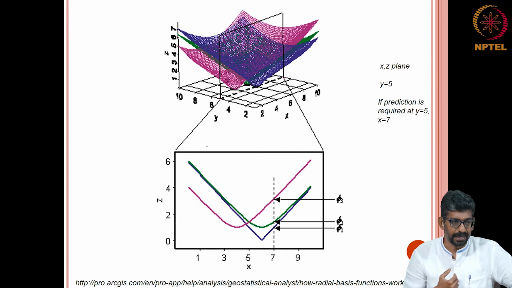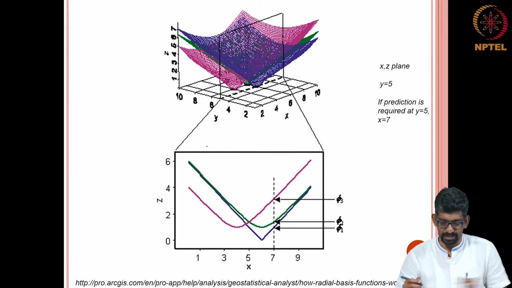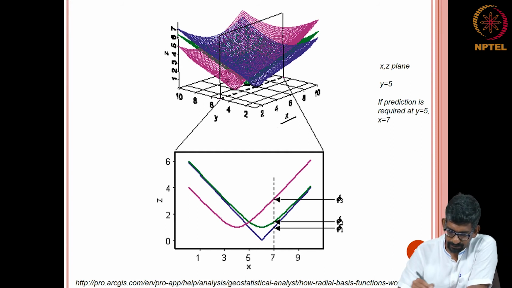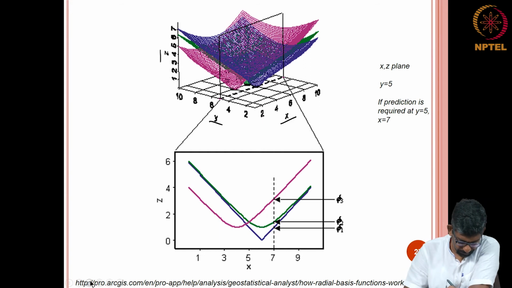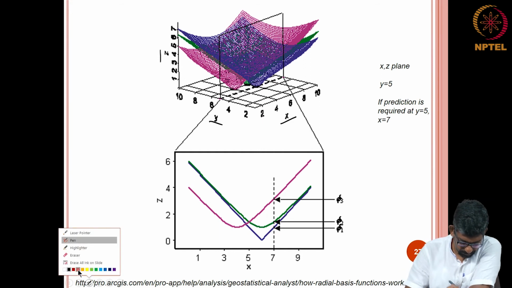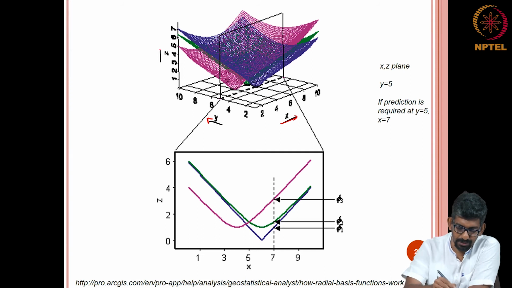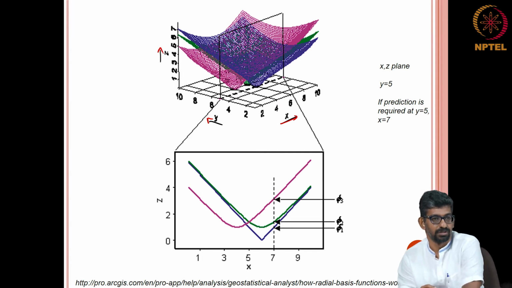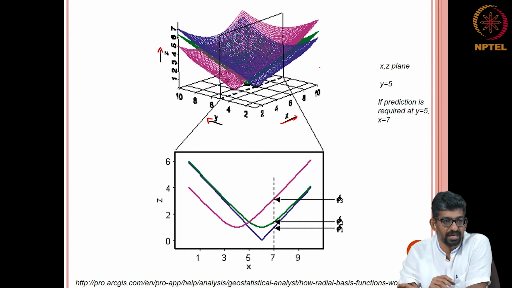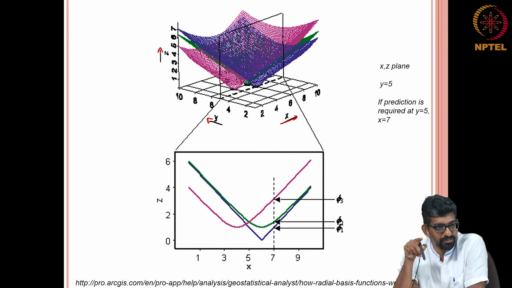Just to give you an idea in 3D how this works, this is still for radial basis, not Kriging. So, x, y and z, okay. We are looking at x, y as input and let us say z as the output. These are the 3 surfaces that I have fitted, okay. This is a classical example like the way that I told you for the triangular, first linearly varying problem.